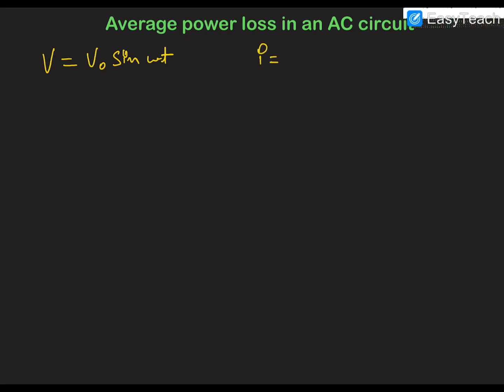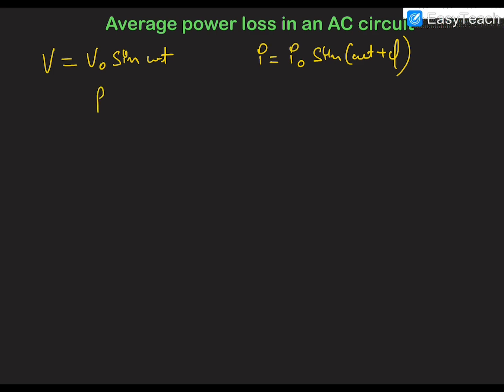As we are generalizing the formula, we cannot say which type of AC circuit it is, so we cannot say what the exact value of the phase difference between current and voltage in this circuit will be. It depends on the circuit only. So we are just assuming that the current has a phase difference of phi compared to the voltage, where phi is the phase difference between current and voltage.